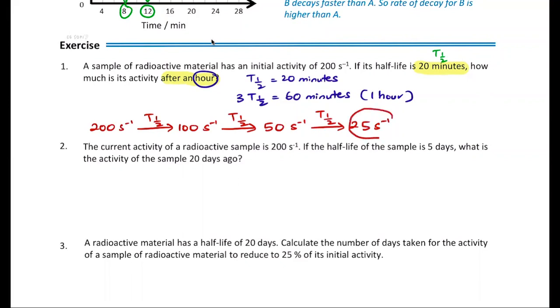So this is the answer. Your final answer you should write as: the activity left after 1 hour is 25 per second. Okay, so that is the answer. 25 per second. Okay, let's try number 2.